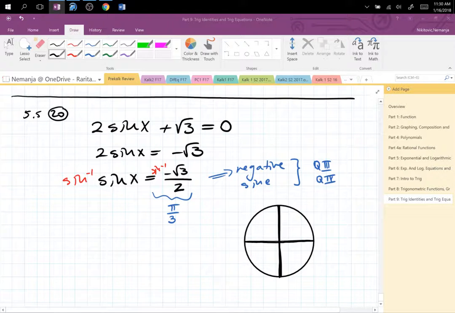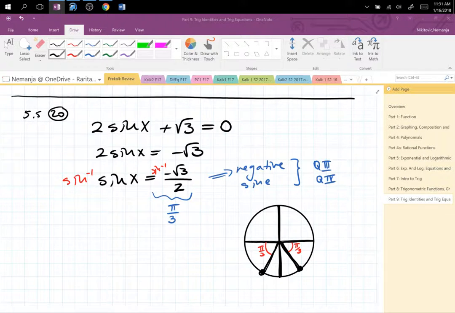So this is my unit circle. Pi over 3 in quadrant 3 is here, because I need a pi over 3 reference angle. And then in quadrant 4 is here, because that's the pi over 3 reference angle.